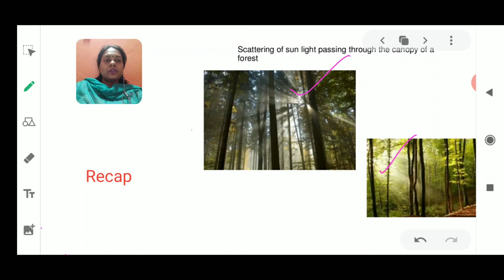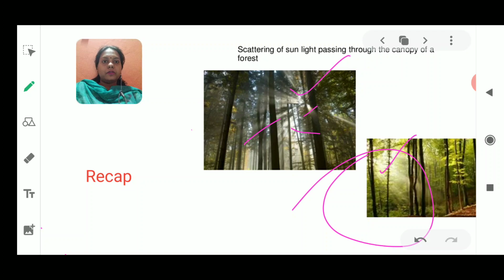The sunlight enters through the gaps between the trees and is scattered in all directions, as you could see in these two pictures. So this was the scattering phenomenon you could see in nature, in the form of the scattering of light through the canopy of a forest.